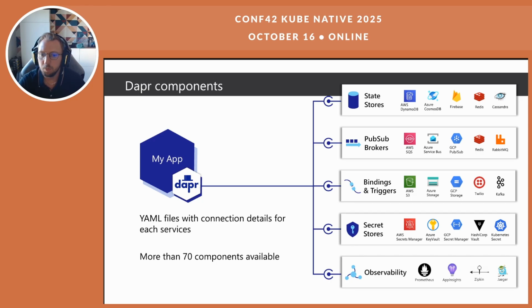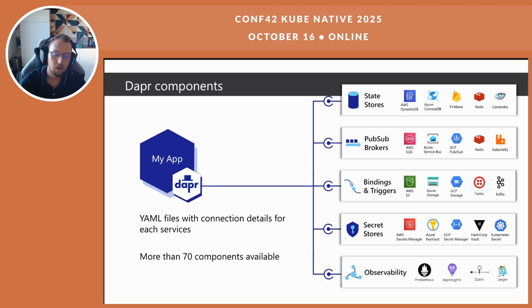So about Dapr components, we have plenty of components for each category that Dapr supports. The configuration is done through YAML files, and you put here every implementation detail that Dapr needs to connect to those components.